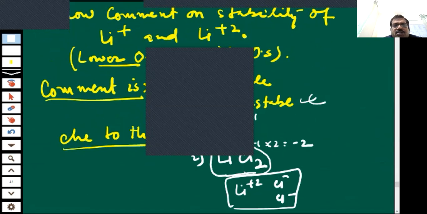Ca plus cannot be stable. Ca plus 2 is more stable, because the difference is very less. So easily they will go for plus 2. You can form Ca plus, but it will not be stable.